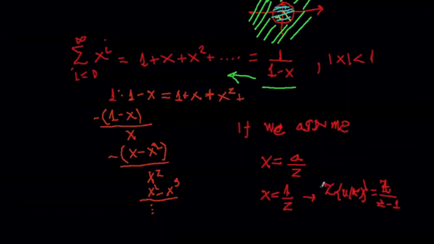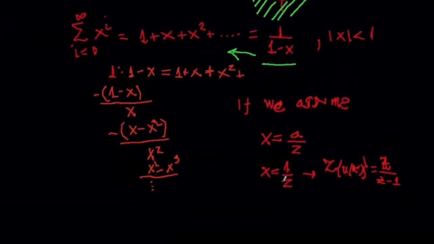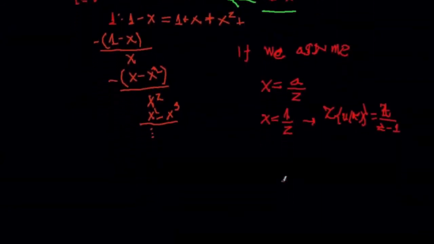Okay, so all of this is essentially, in this case, a equal to 1, and all of this is an essential feature of the Z transform and how it works.